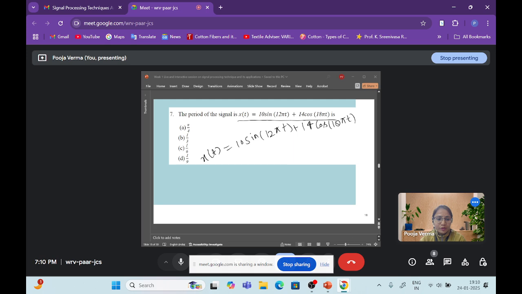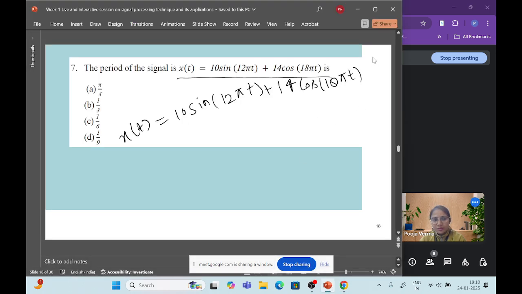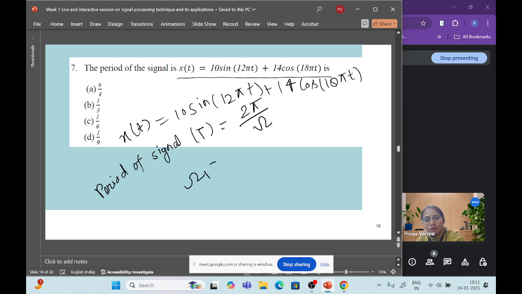The period of a signal is represented by T. It is 2 pi by omega, in an analog or continuous signal. So what are the values of omega? Omega 1 is 12 pi, omega 2 is 18 pi, right?